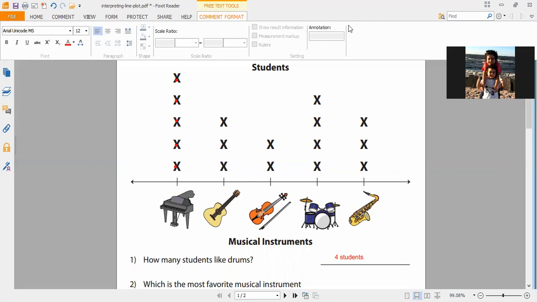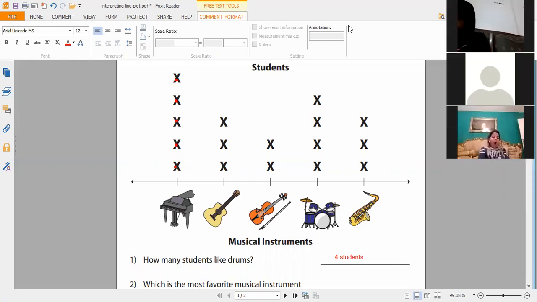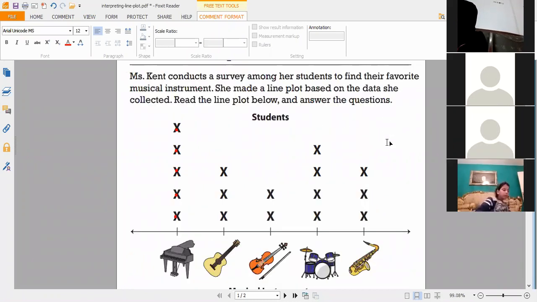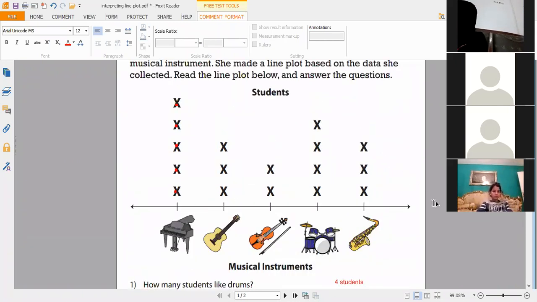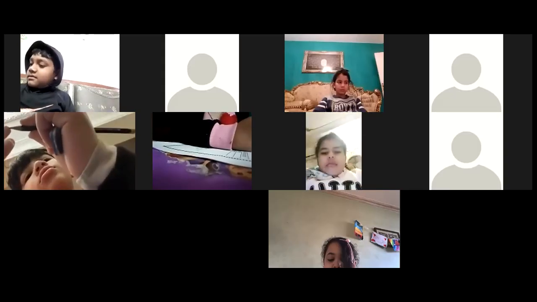So, do you have any question about this sheet, Darwin? No. Kinda? Okay, what's your question? I want to answer. Okay. If you don't have any question about this sheet, we're going to start to share another sheet.